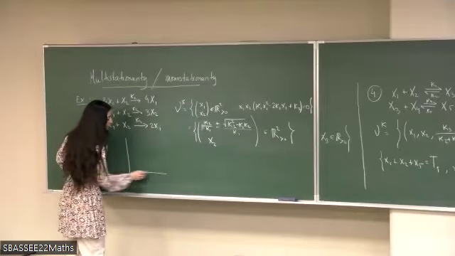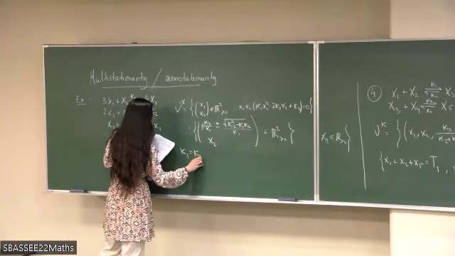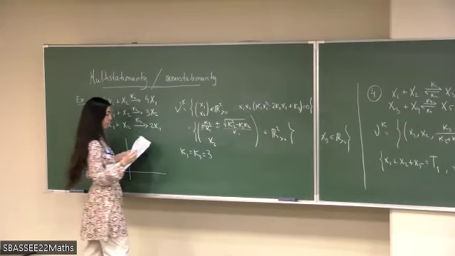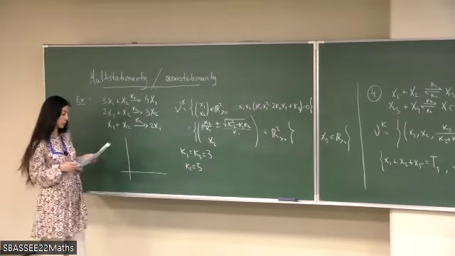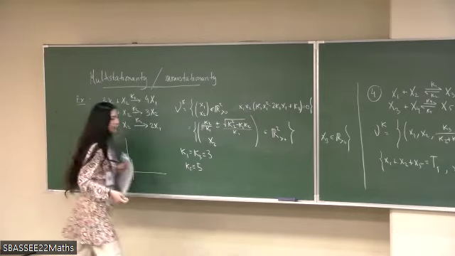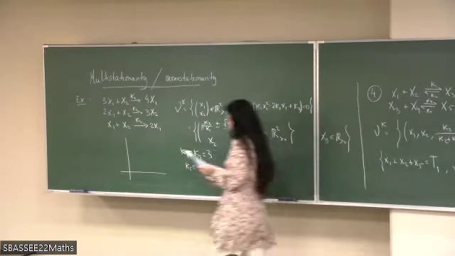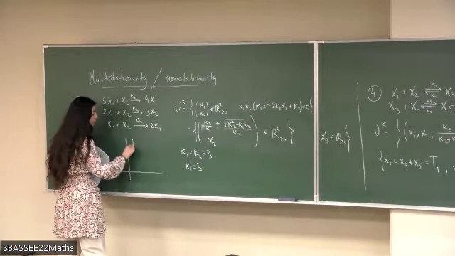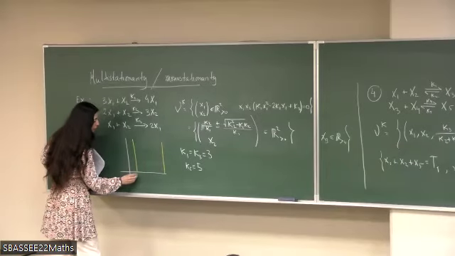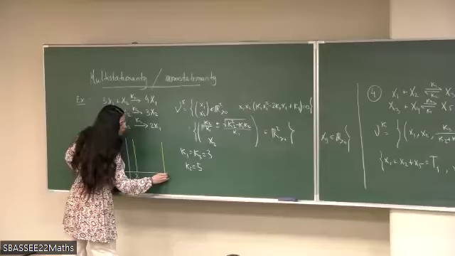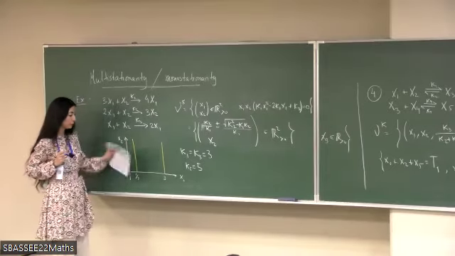For instance, if I take K1 and K3 equal 3, and I take K2 equal 5, and I did not make any mistake, my steady state variety will be two half lines. One will be here. And one would be here.